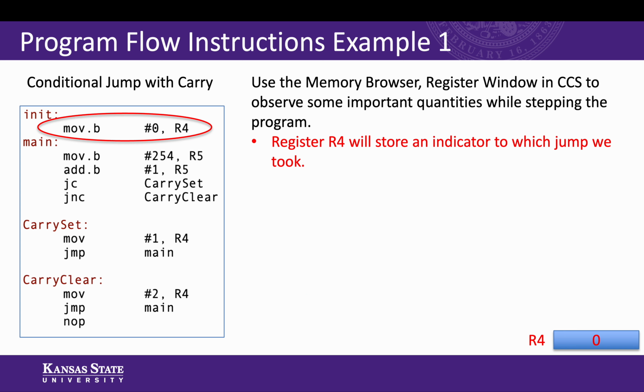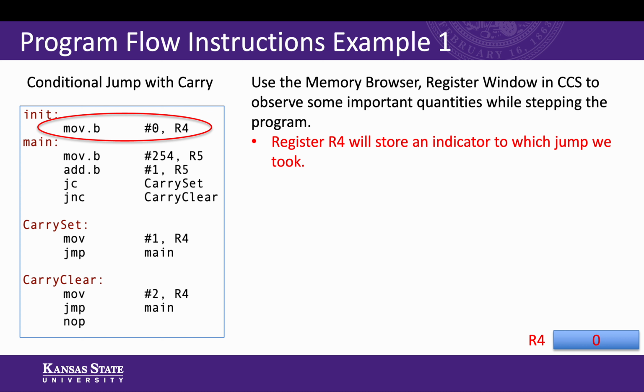Once we start stepping through, the first move instruction stores the number 0 into R4. The purpose of register R4 is to indicate to us which jump we're going to take eventually in this very simple program.